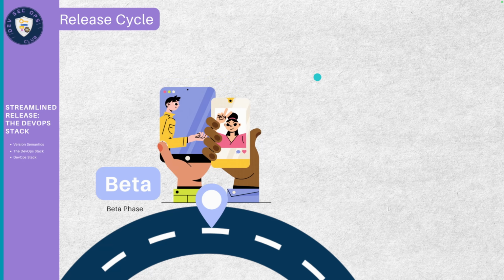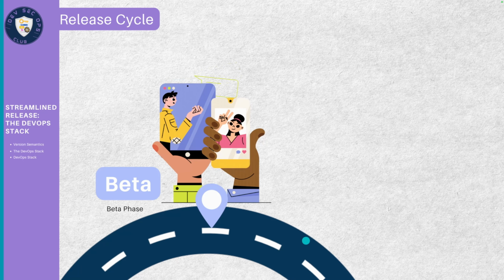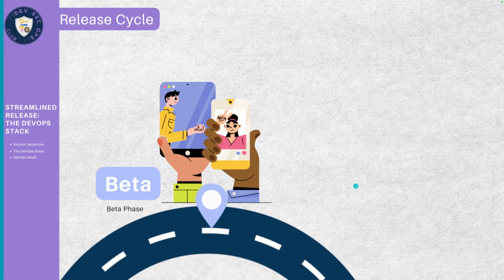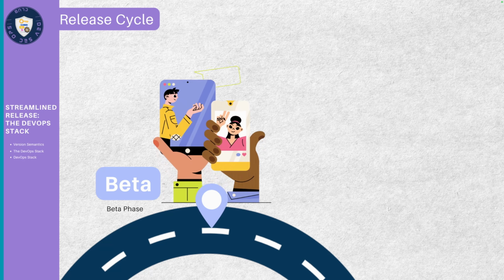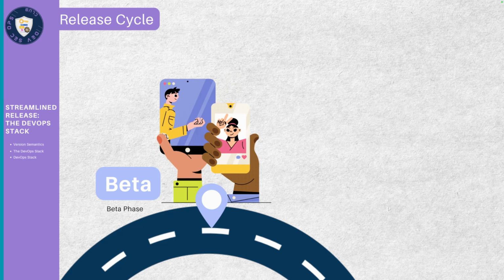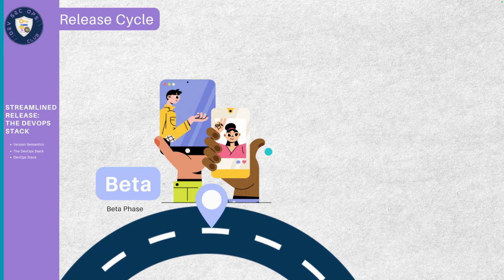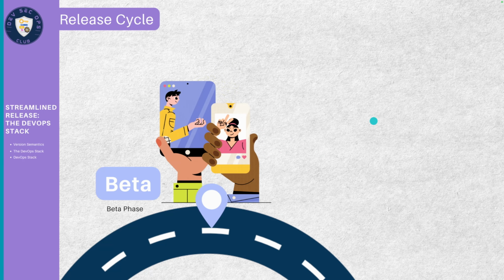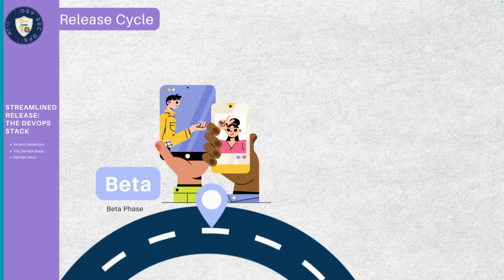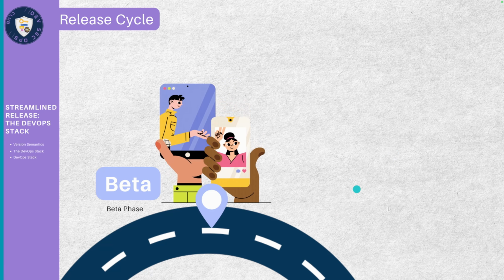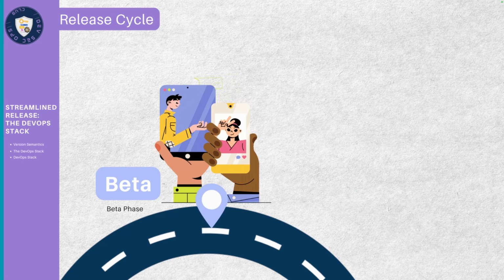So a beta version is public, where your application is available to external testers, not those who are working on it. Beta can be of two kinds: closed beta and open beta. Open beta means you launch a product to the entire public across the world or the internet, and anybody can download or use it.